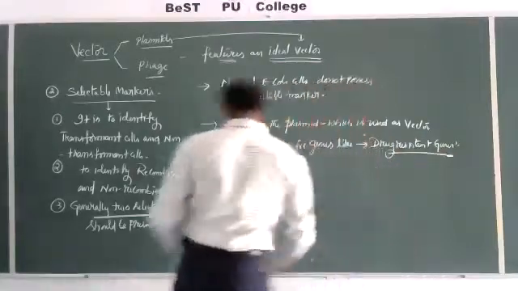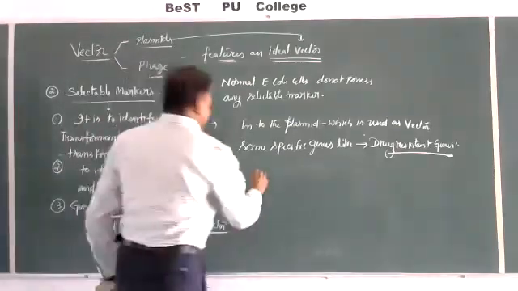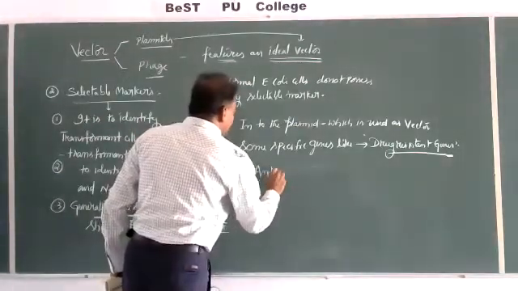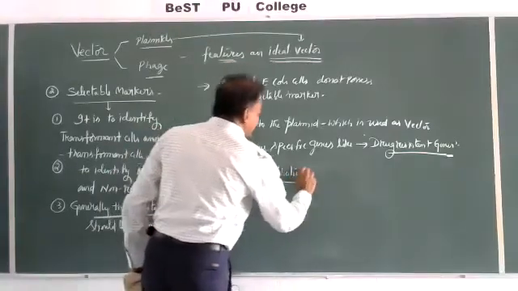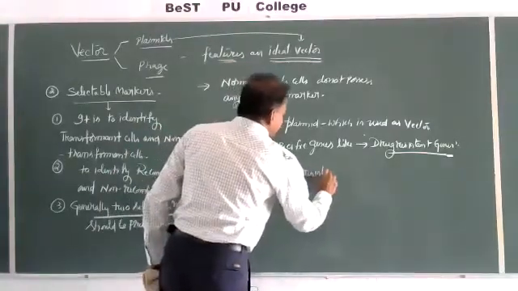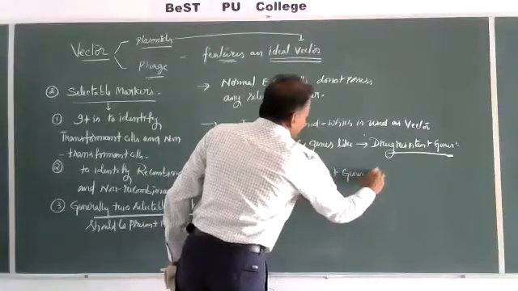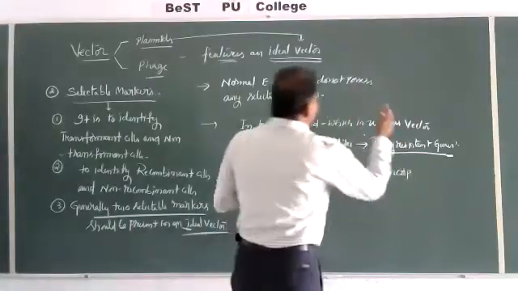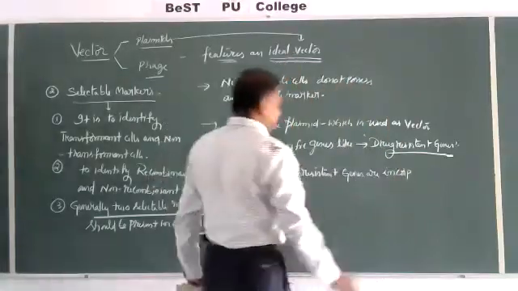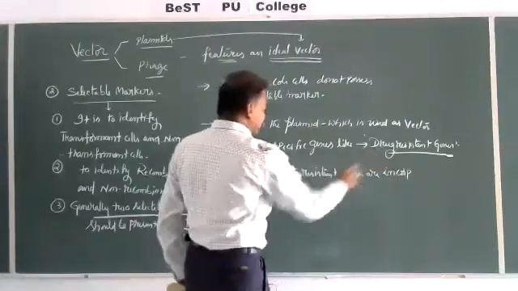Drug resistant genes here means antibiotics are the drugs. Antibiotic resistant genes are incorporated at the time of construction of the vector.